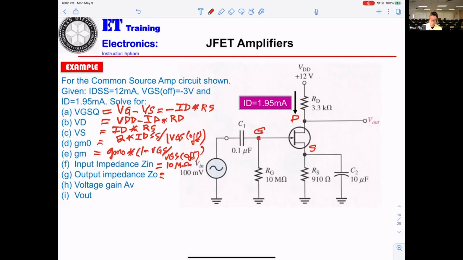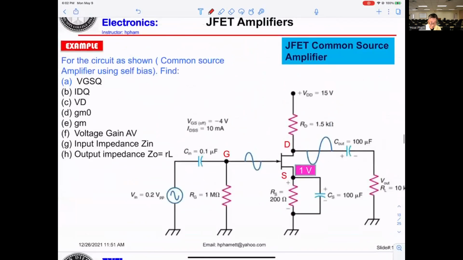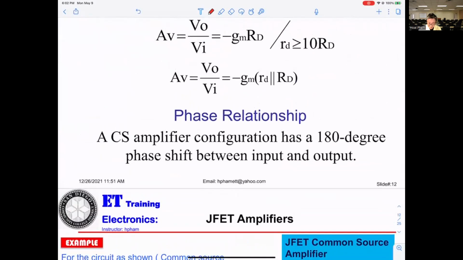GM0 will be equal R big D. The thing is no load resistance. Voltage gain, let's see, looking voltage gain: minus GM times RD.